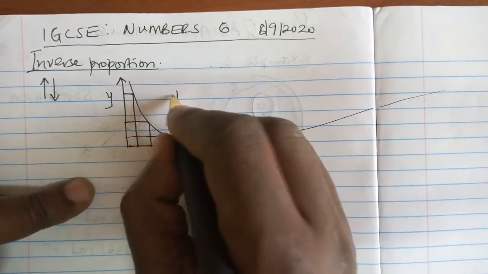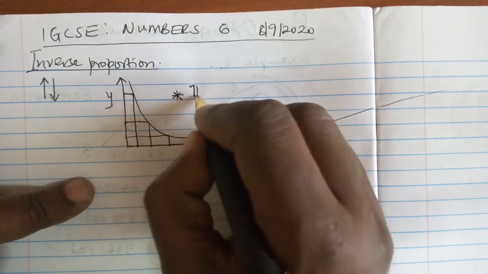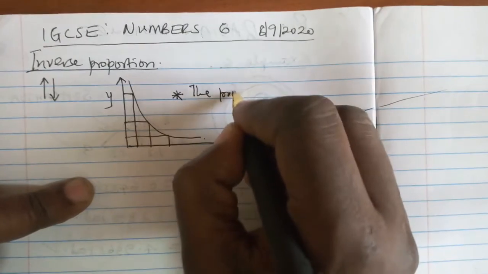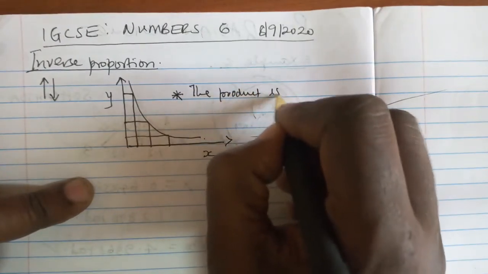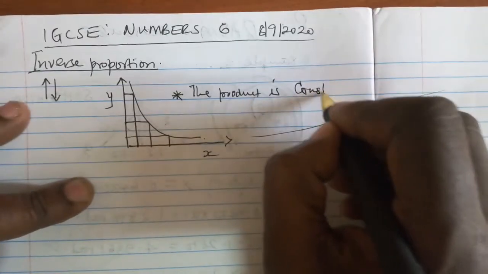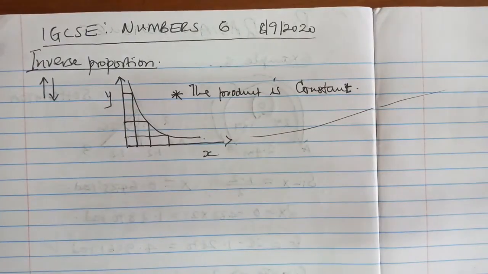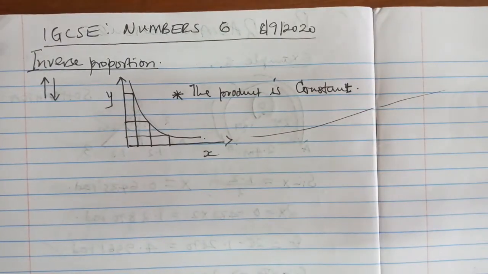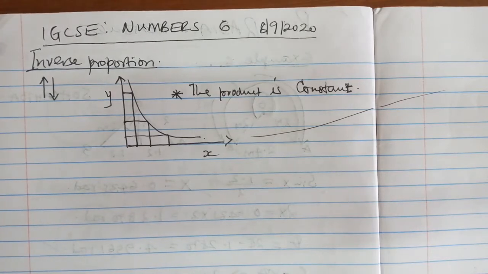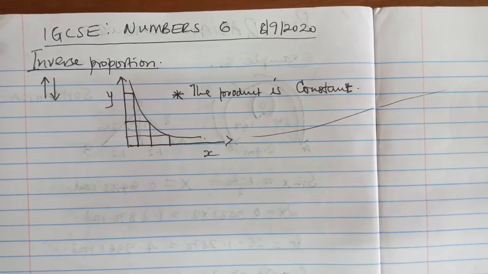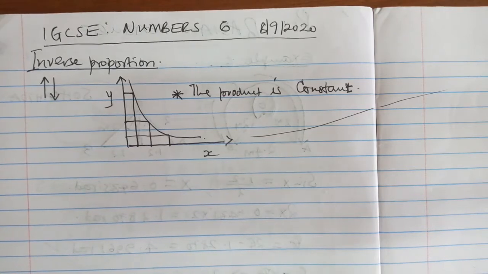But of most importance, the product is constant. We will get to understand this once we start answering example number 2, and I want us to go straight to example number 2.